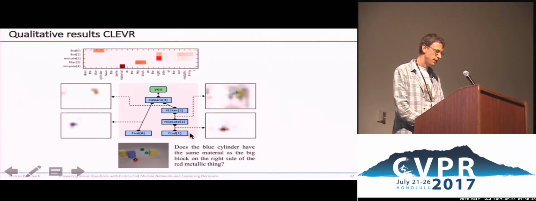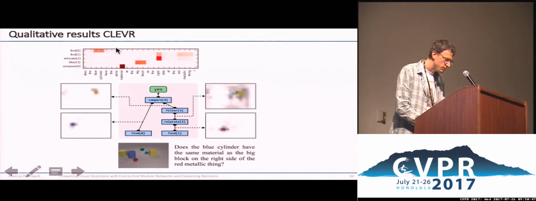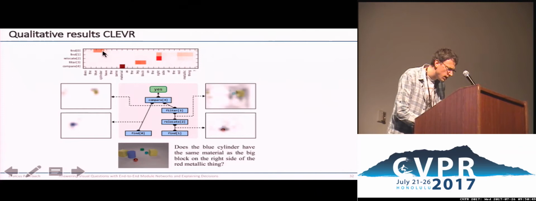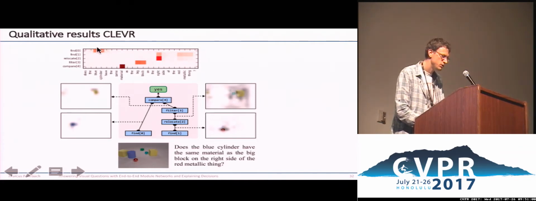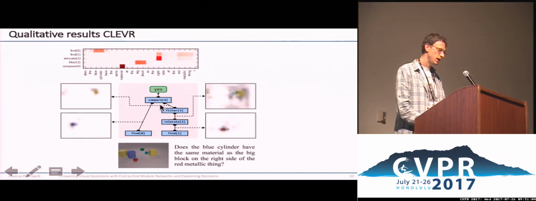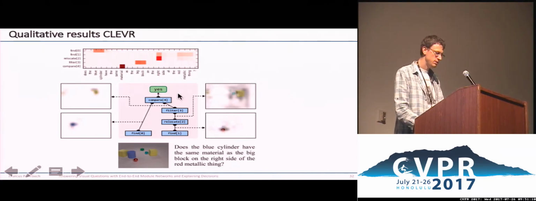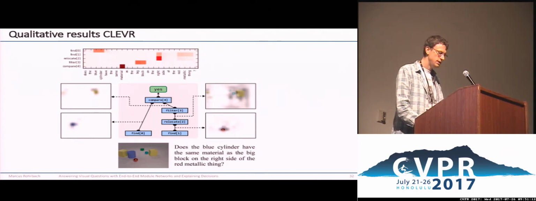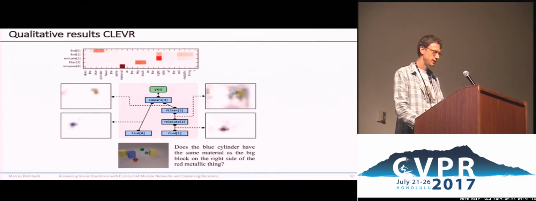For example here, this find module directly predicts that it has to look at right, and the other find module looks at blue cylinder. So the attention is mainly at blue cylinder, then it relocates and filters it, and compares these two outputs to answer the question: Does the blue cylinder have the same material as the big block on the right side of the red metallic thing?